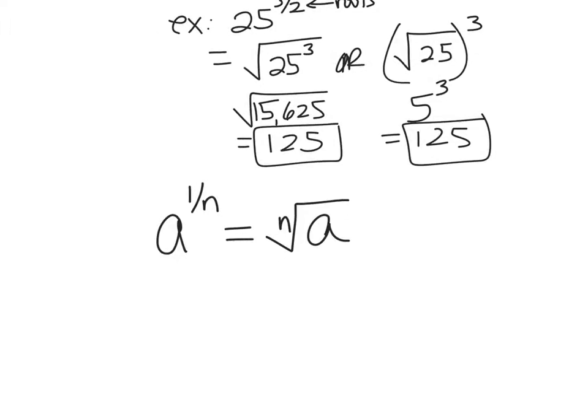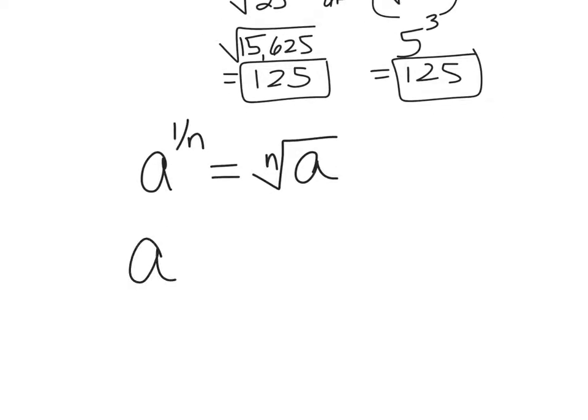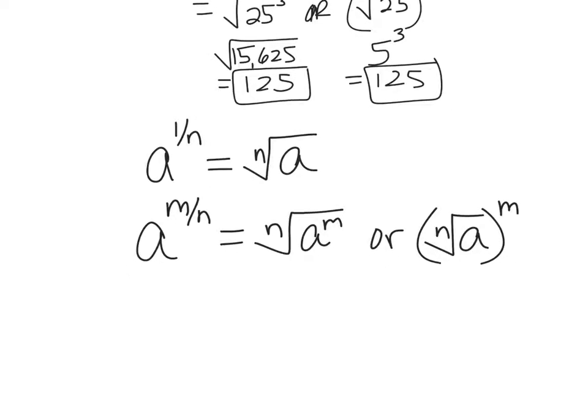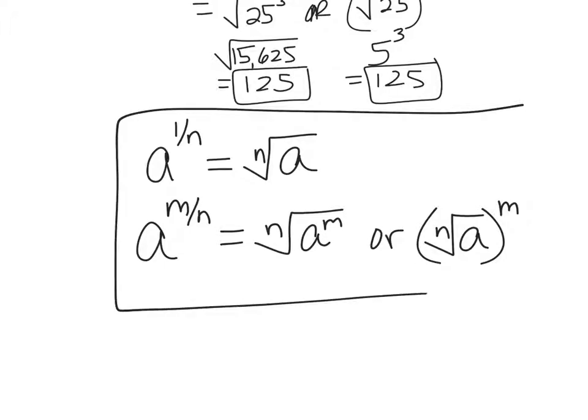So then, if you have any real number a to the m over n, you can rewrite this as the nth root of a to the m, or the nth root of a, all of that to the m. Okay? So this is like the key thing for today. That's what you need to know.